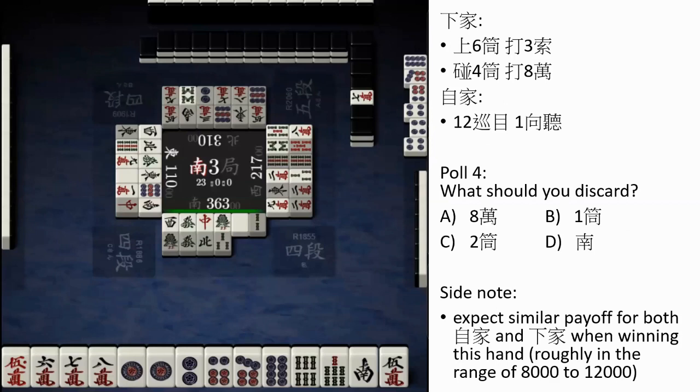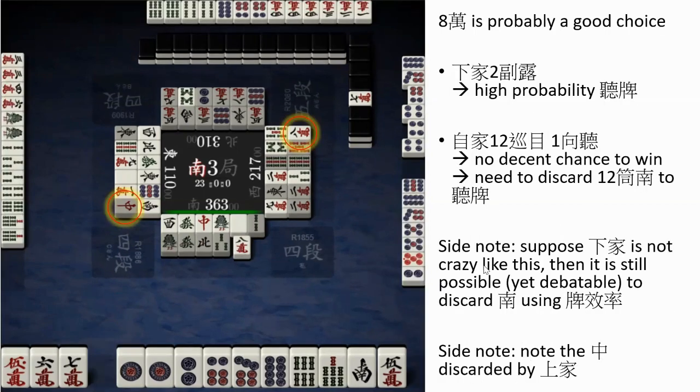So my original intention was to demonstrate some real case examples, but because time is running short, I guess I won't be getting into the details over here. But essentially, the main message that I want to illustrate is that for Japanese Mahjong, all these probabilities are already well established.